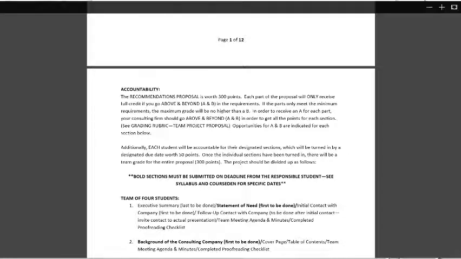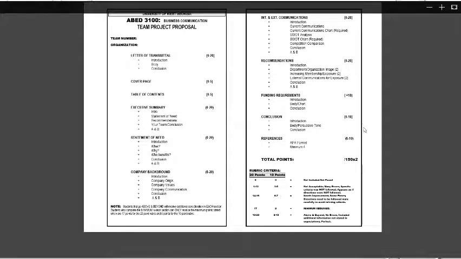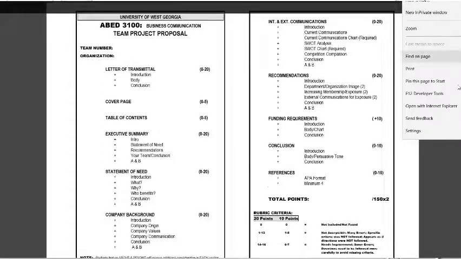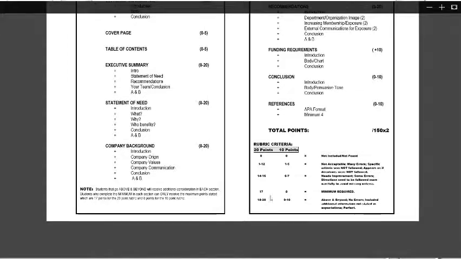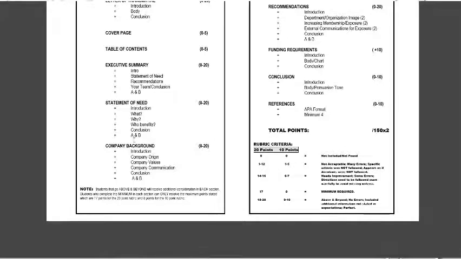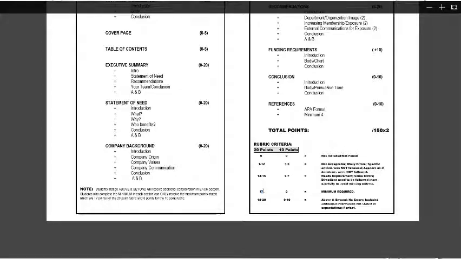And I'm going to show you the actual template right now. So this is a template that has all the different sections. And if you take a look down here, make this a little larger. Okay. When you take a look at the bottom, so for example, in the different sections where there's A and B or above and beyond, and I'll explain to you what those mean in just a moment, if you do what's required, you would get 17 points.